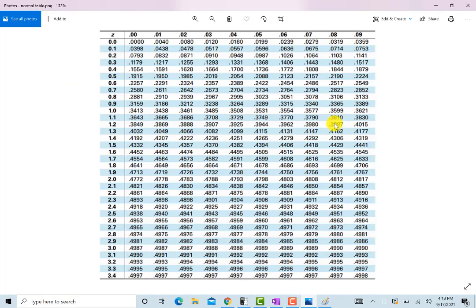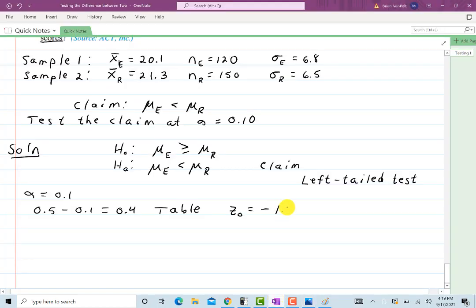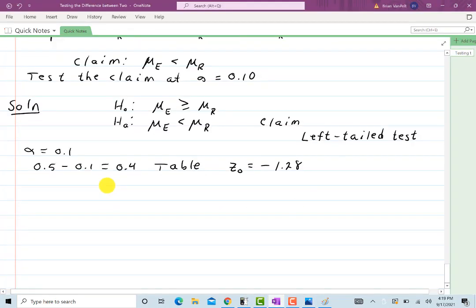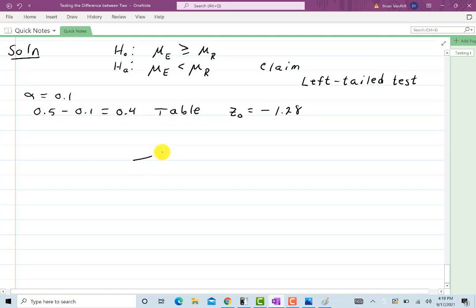No. We came up with 1.28 because it's closer to 0.3997 than to 0.4015. So since it's closer to 0.3997, I will use 1.28, which means in here I will use negative 1.28. Draw a picture to help if you need. And here is our rejection region.